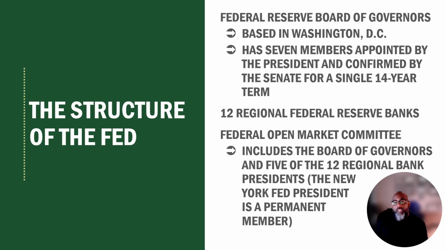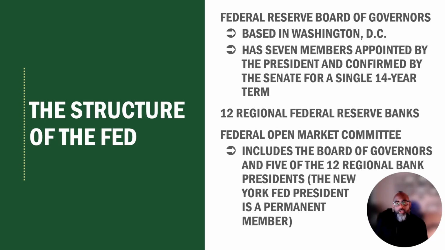The board consists of 7 members, each appointed by the president and confirmed by the Senate to serve a single non-renewable term of 14 years. These terms are staggered so that one expires every 2 years, ensuring continuity and reducing political influence.